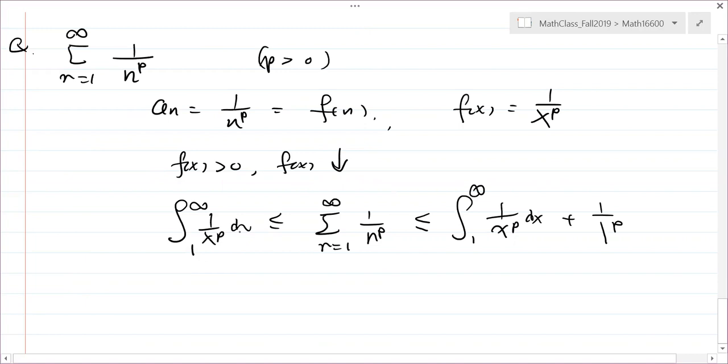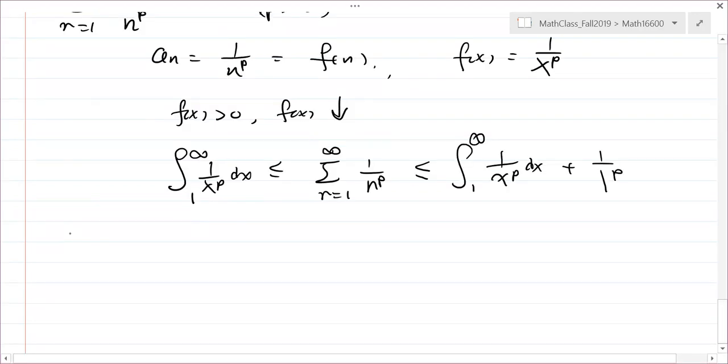So we not only know the convergence, we can even estimate. Clearly, this integral diverges if p is less than or equal to 1. So this is going to be positive infinity if p is less than or equal to 1.